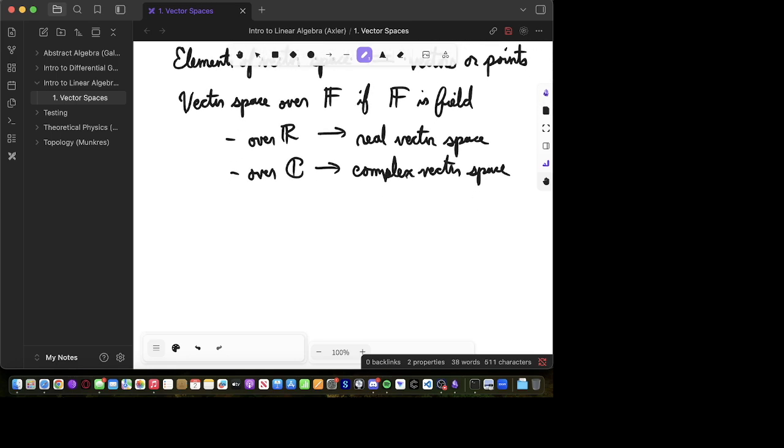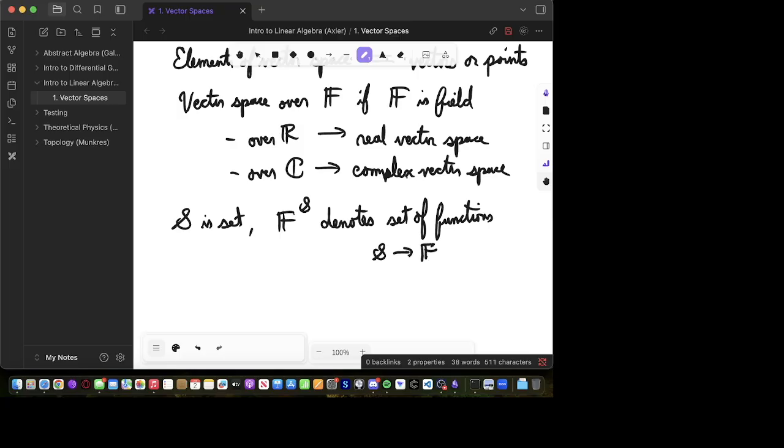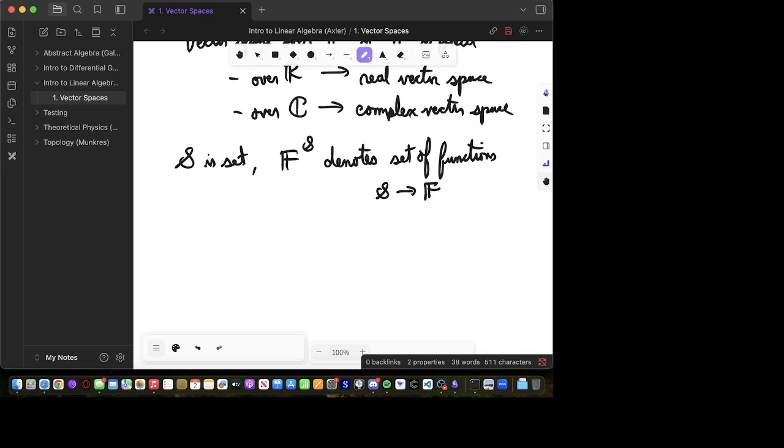Now a bit of notation. Let's say S is a set, just any set. Then F^S denotes the set of functions from S to F. We can define addition and scalar multiplication on this set as well.